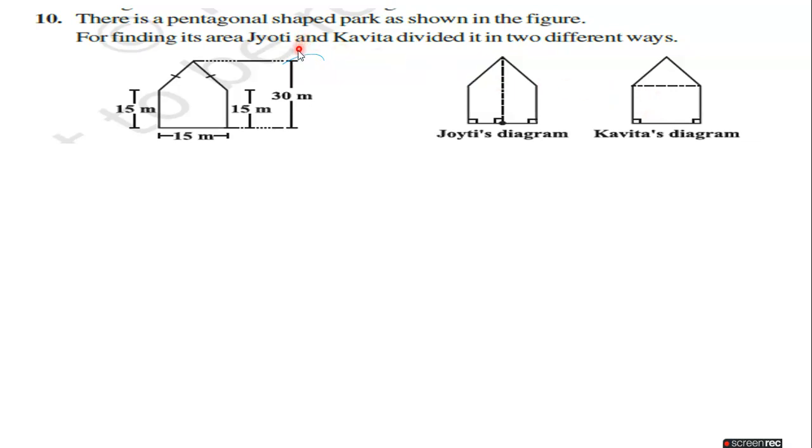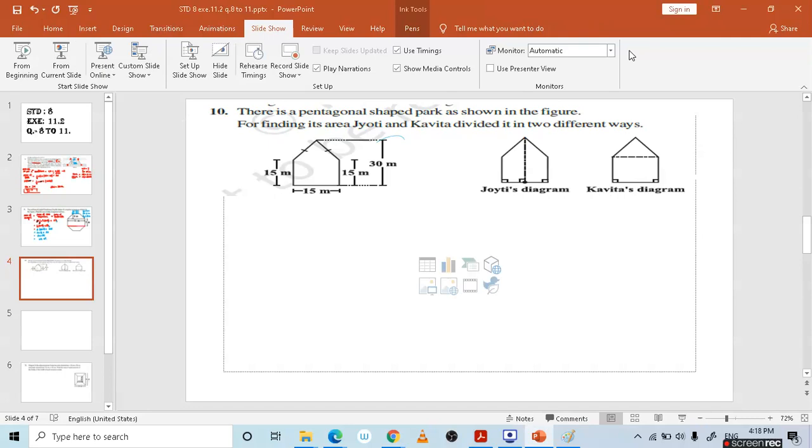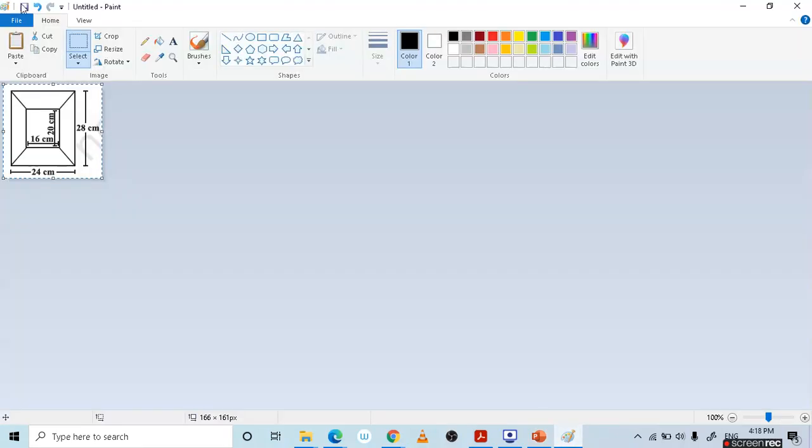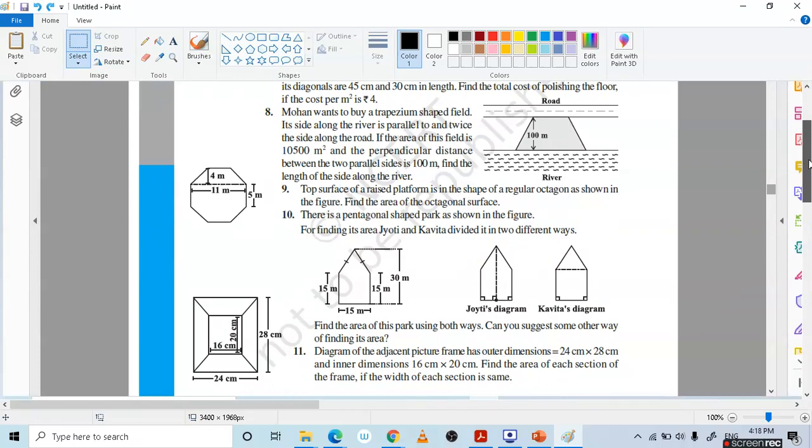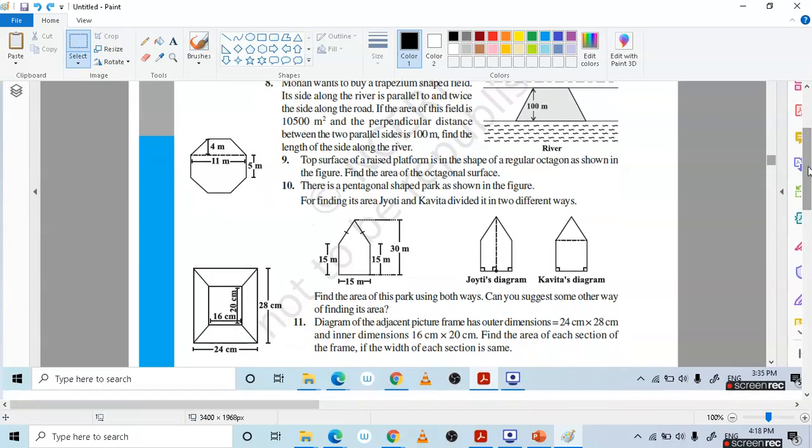Now for finding its area in two different ways. Actually the question should be there, but I haven't taken it by mistake. I haven't cropped that 1 meter. Yes, downside also it was, but by mistake I have taken up to here only. So find the area of this park using both ways.